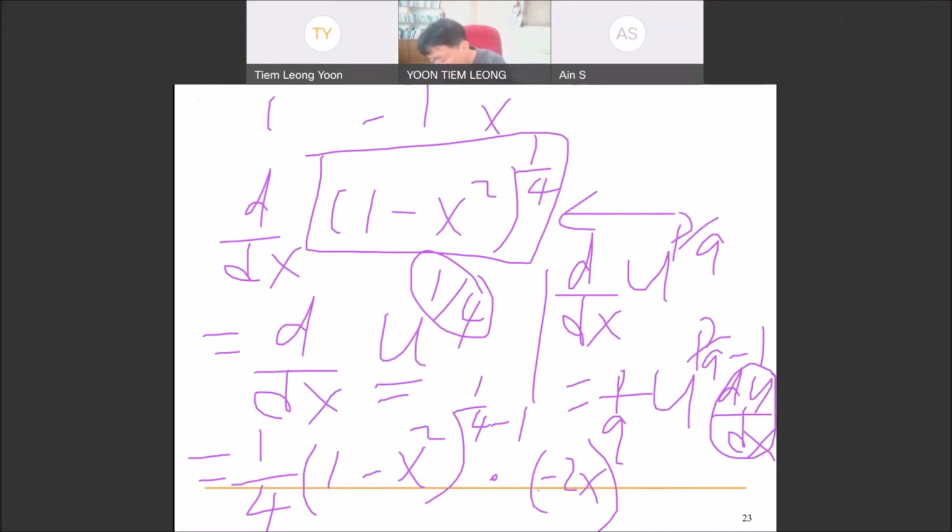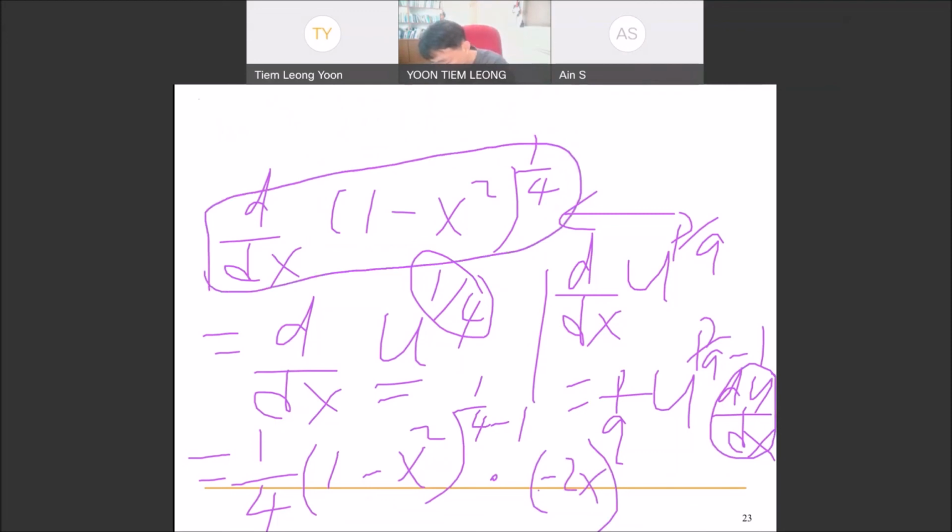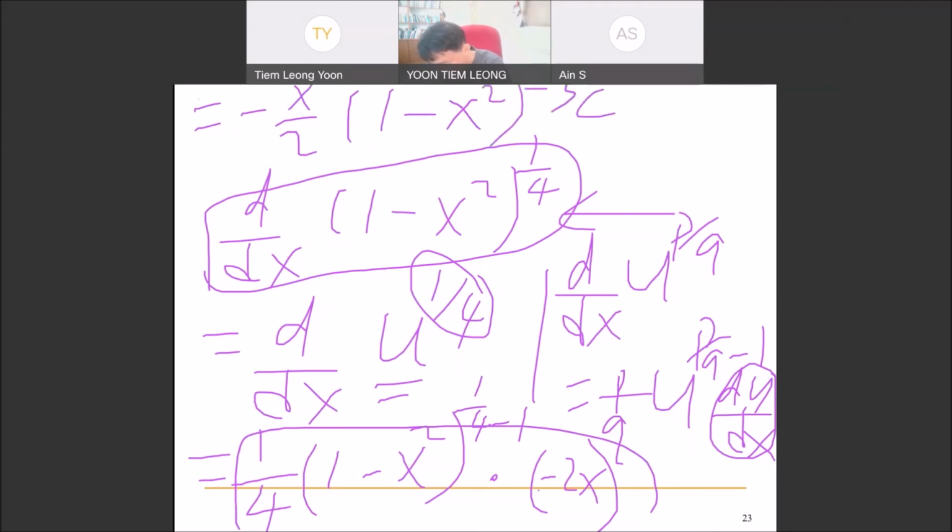You put everything together, then you'll be able to obtain the answer for the d/dx of this. I just write it down again. It equals minus x over 2 times 1 over 1 minus x squared to the power of 3/4. Yeah, I think that is the answer.